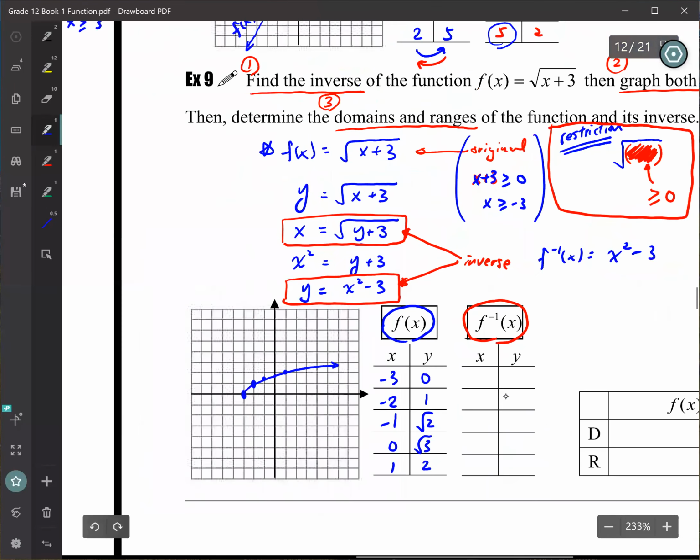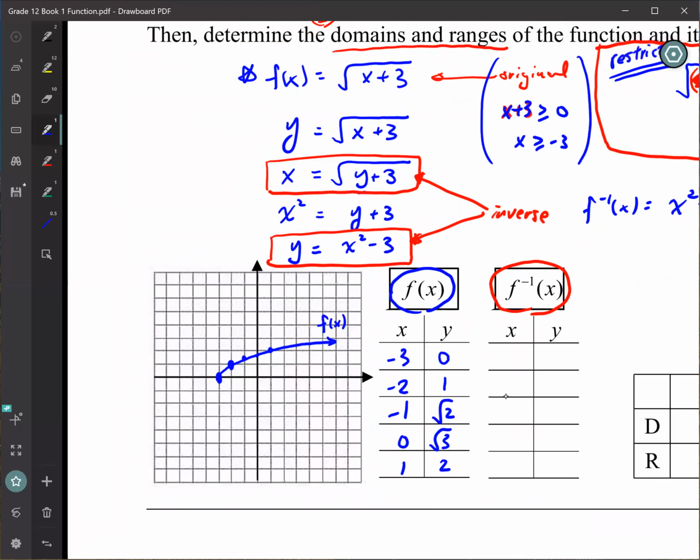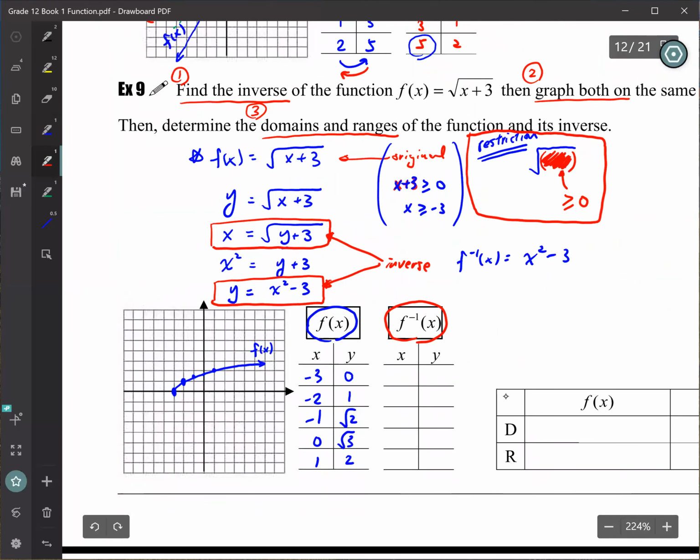So this is the original, right? Before we forget, let's write it down, f of x. Are we good with the first function here? Now we are moving on to the inverse graph.